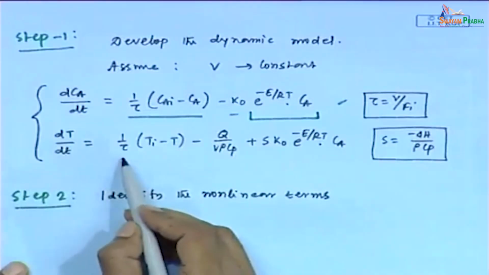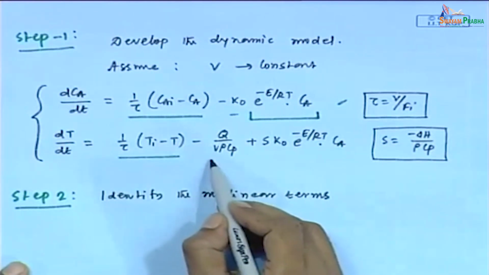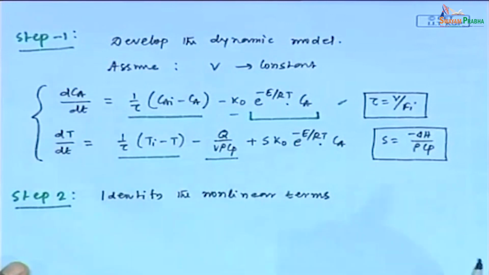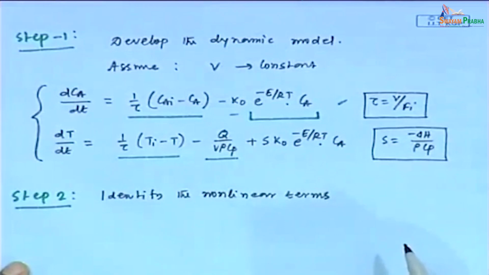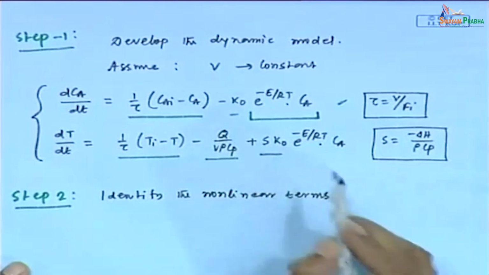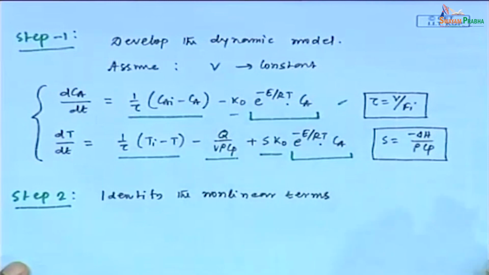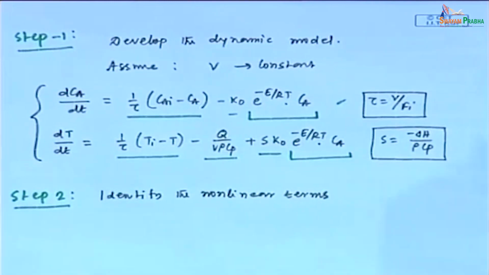Similarly, in the second equation, the first right hand term is a linear term. Fine. In the second right hand term, V, rho, Cp, they all are constant, only variable is Q. Fine. So, this is also a linear term. In the third right hand term, S is constant, k naught constant. So, here also the nonlinear term is exponential of minus E divided by RT multiplied by CA.